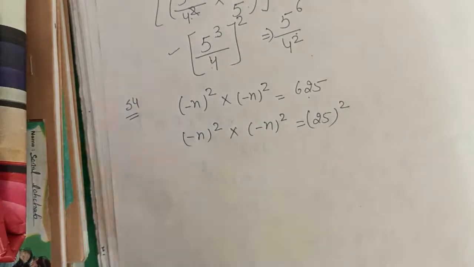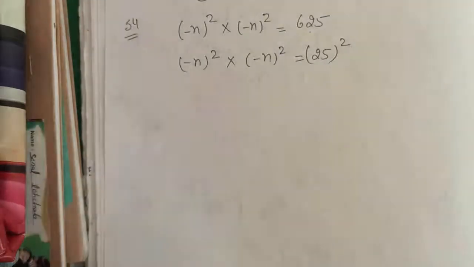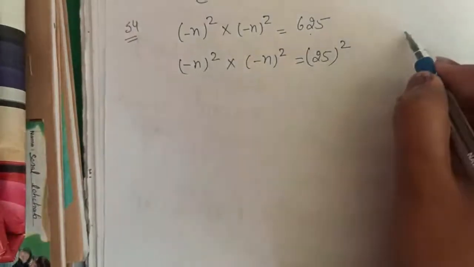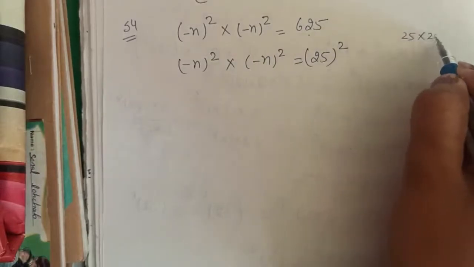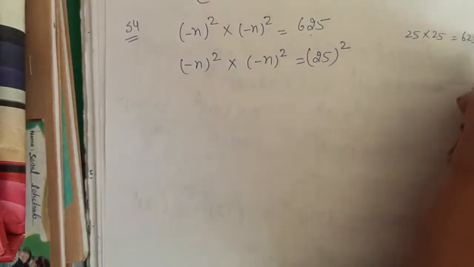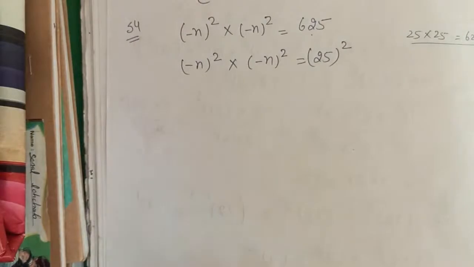Right? It can be this, because when we multiply 25 with 25, we will get 625. You can check, you can multiply.